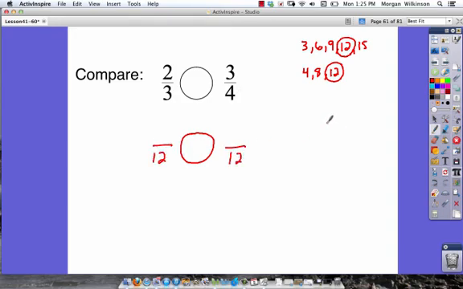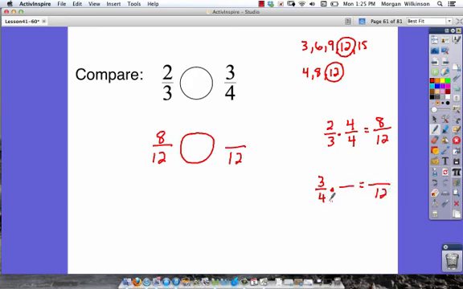Okay, let's see what 2/3 is. 2/3 times some fraction equivalent to 1 is going to be equal to something over 12. Well, 3 times 4 is 12, so 2 times 4 is 8. We get 8/12. Now we have 3/4. 3/4 times some fraction equivalent to 1 is going to be equal to something out of 12.